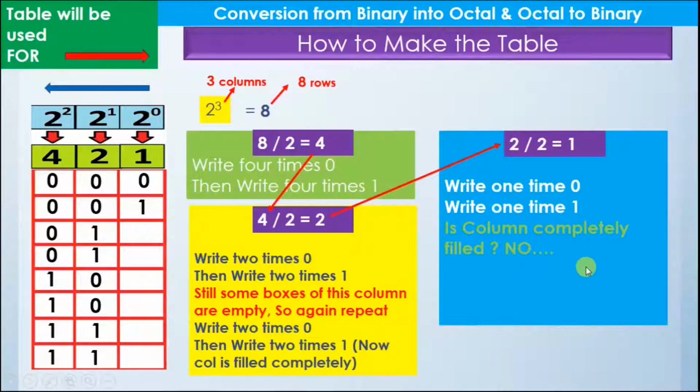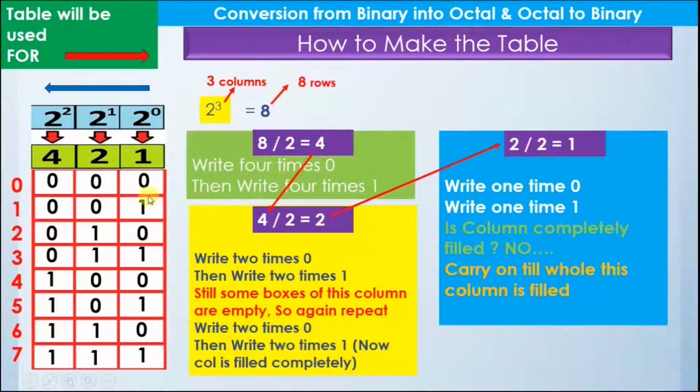No, the column is not completely filled. So we will carry on till the whole column is filled. Again write 1 times 0 because we have 1 over here, and then write 1 times 1. Then again 1 times 0, then 1 times 1. Again 1 times 0, and then again 1 times 1. So now the table is completely filled.